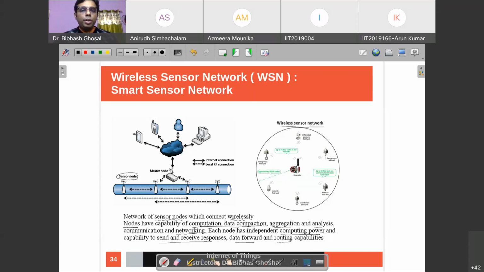So one of them will be aggregating that and sending it or recording it for backup, or maybe doing some additional analytics here. And these nodes are also capable of doing computation. So it can work in this way. This is the idea behind developing something called a wireless sensor network.